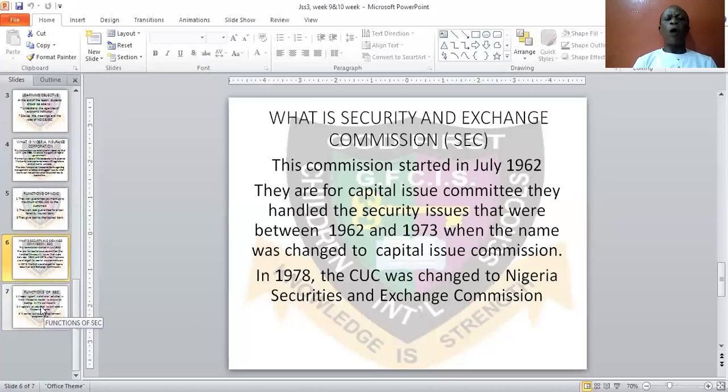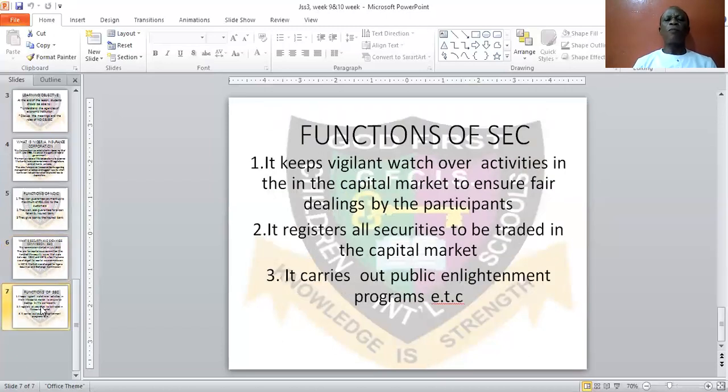Yes, let's talk more about their functions. One of their functions: they keep vigilant watch over activities in the capital markets to ensure fair dealings by the participants. Who are the participants?